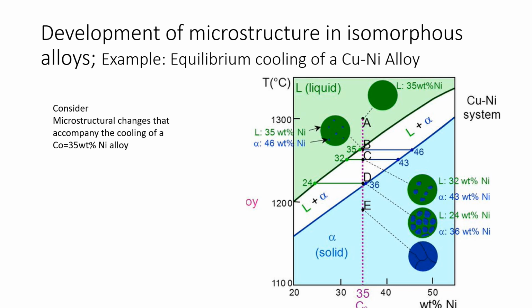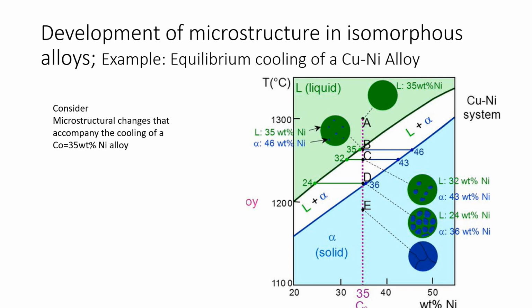At point A, it is 100% liquid. If we study the microstructure, the temperature is 1300, and at this position the solution is in the melting stage, and it is 100% liquid solution.